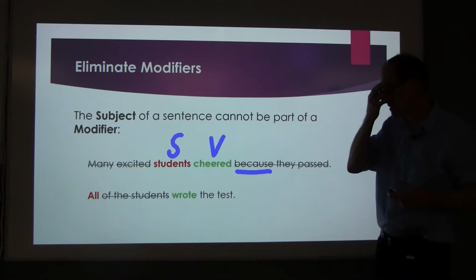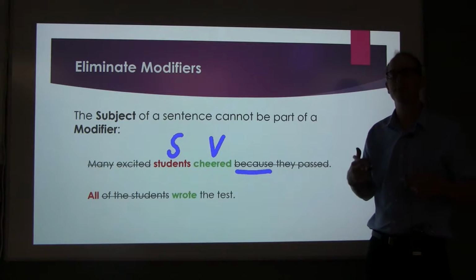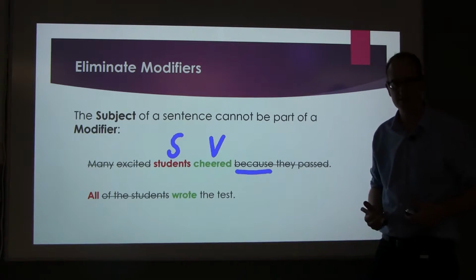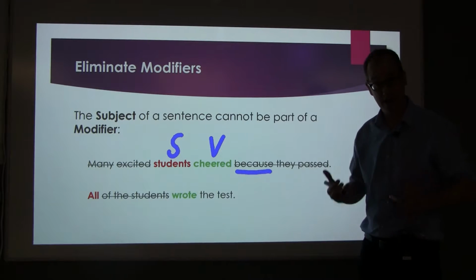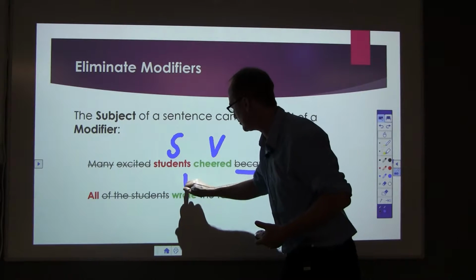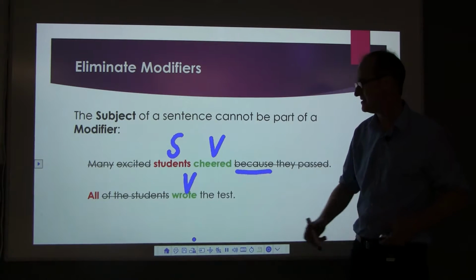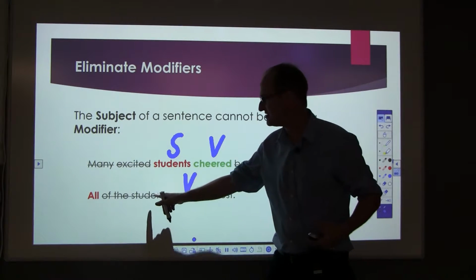Another one, and this sentence right here is really important for your D2L sentences. All of the students wrote the test. Okay, here the main verb is wrote. We have an action. So we ask ourselves, who or what wrote the test? The answer, you would think, is students.